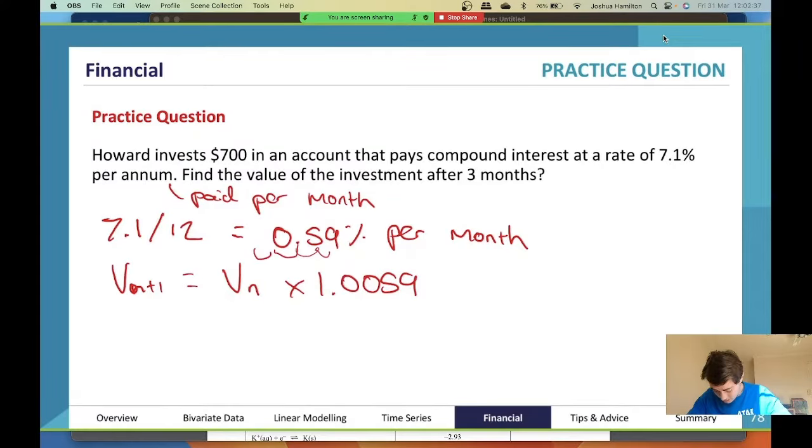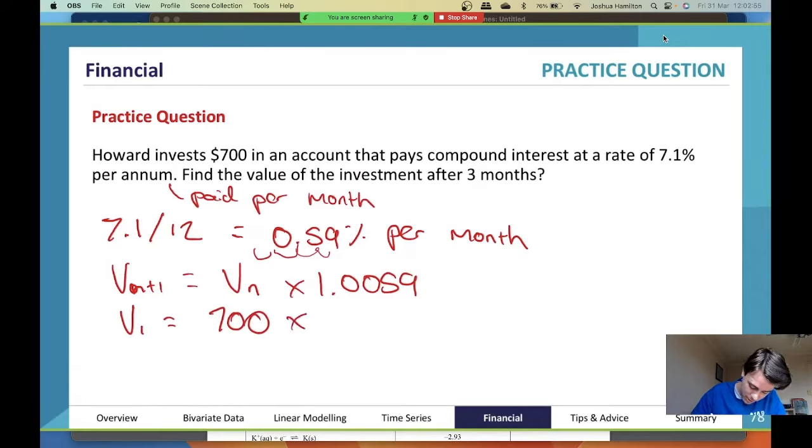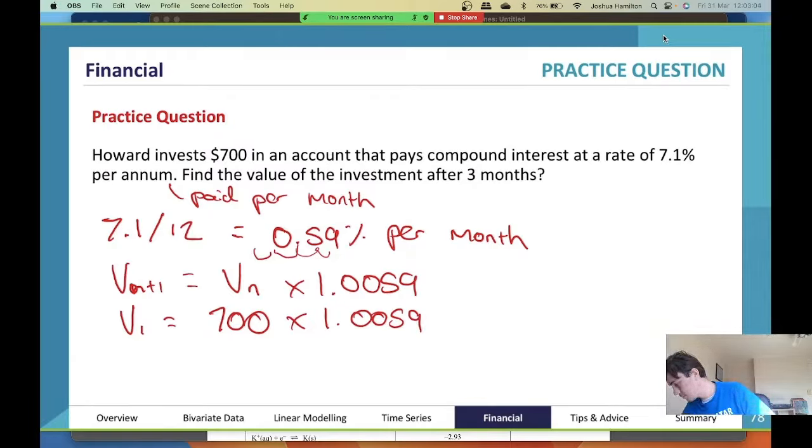Essentially here, you can square it or cube it, but with compound interest it's safer not to do that. It's safer to just do each of the steps. So the first month is V_1 equals 700 times 1.0059, and I get 704.13.